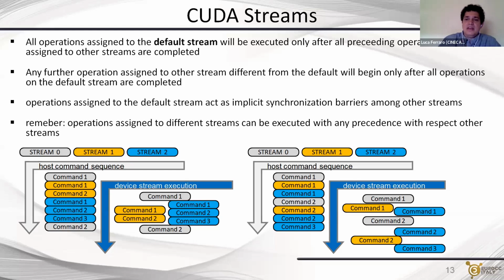So this is the power of streams in CUDA. Stream 0 is used as a general synchronization point, as an orchestrator. Other streams can be chosen to enqueue operations, which can in general run independently from other streams.